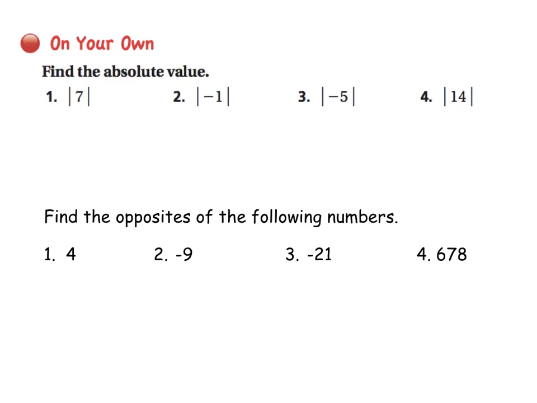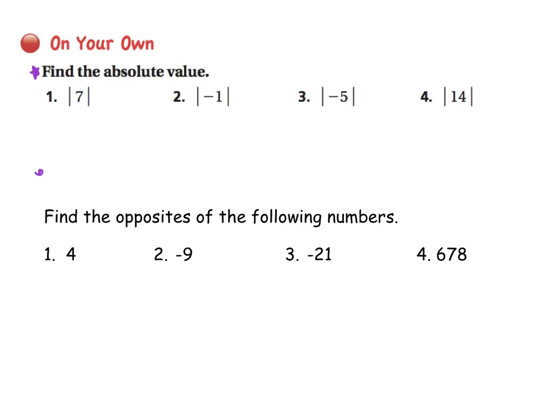And last, we have some practice. So I'll do numbers 1 and 2. Then you'll pause the video and do 3 and 4 in both situations. The first one is asking us to find the absolute value. Remember, it's how far it is from 0. So you could draw a number line if you need to. The absolute value of 7.